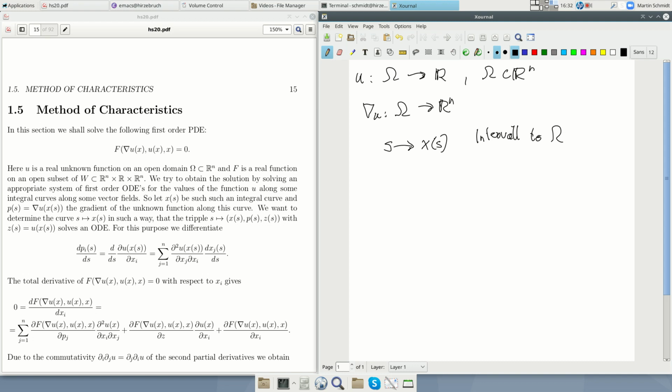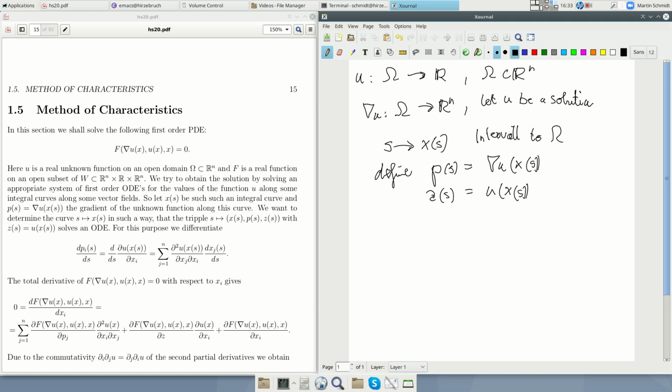And then what we do, we define p of s. This is just the gradient u of x of s for a solution, and z of s we define as u of x of s. And so we assume let u be a solution.